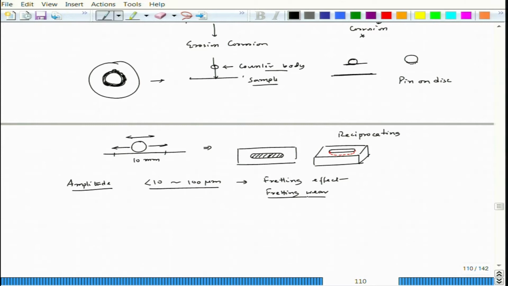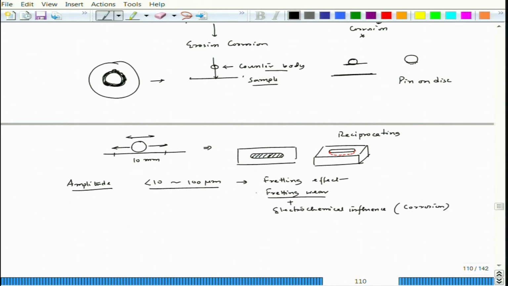Now, when this fretting wear happens under electrochemical influence, that means whenever we talk about electrochemical influence, we are talking about corrosion.